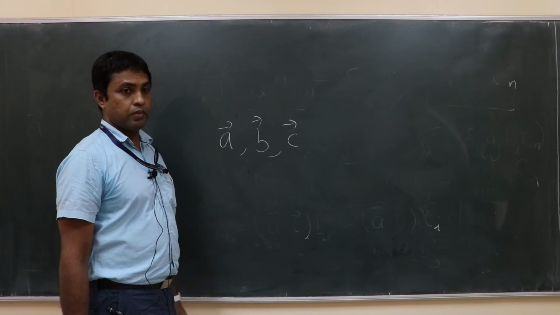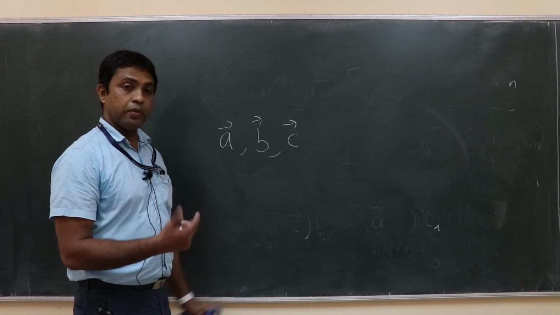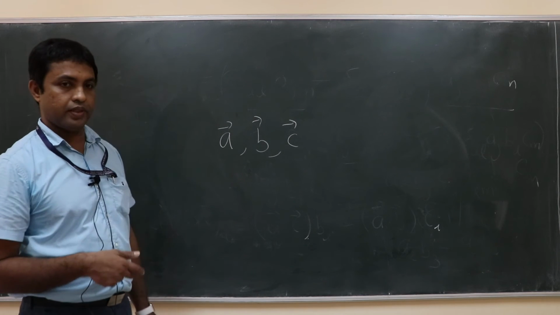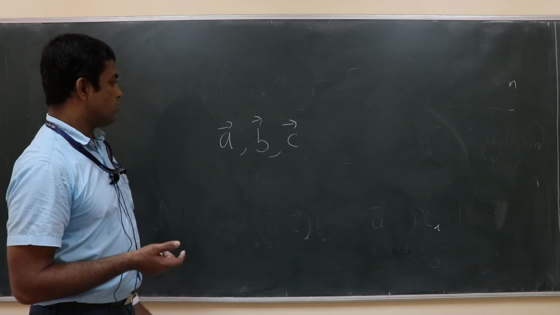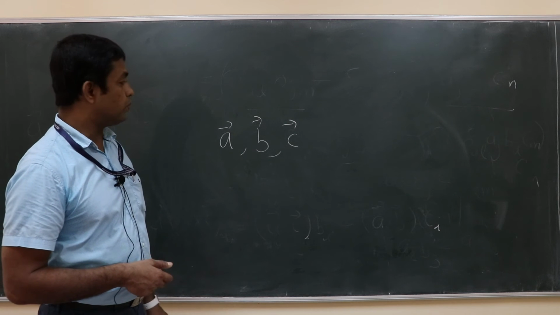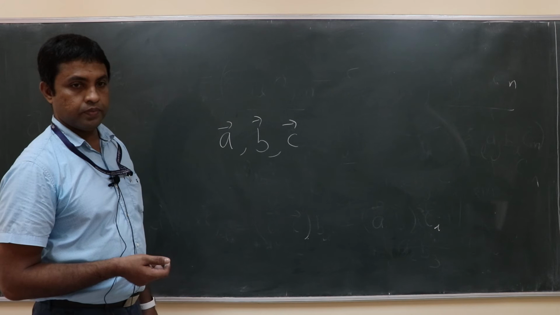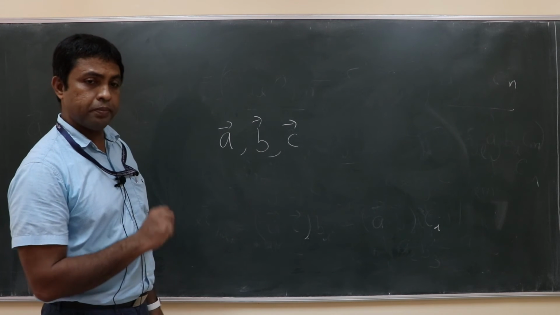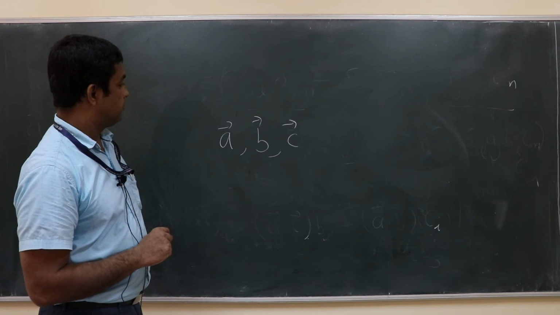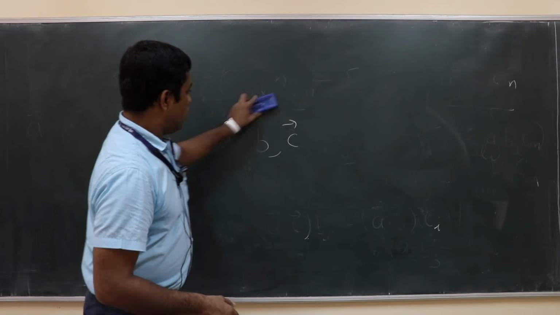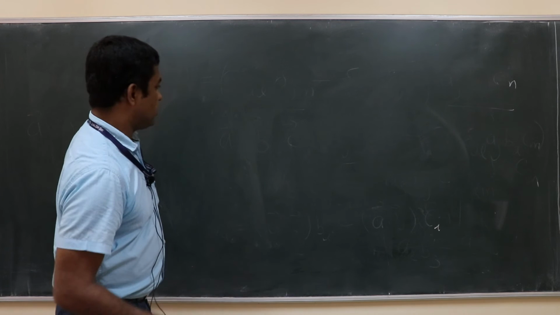So basically each of them is independent of the other. We are going to talk about the linear independence of the vectors. So what will be A dot B cross C? Is that the volume of that parallelepiped? Yes, sir. So you can find out the volume using A dot B cross C.